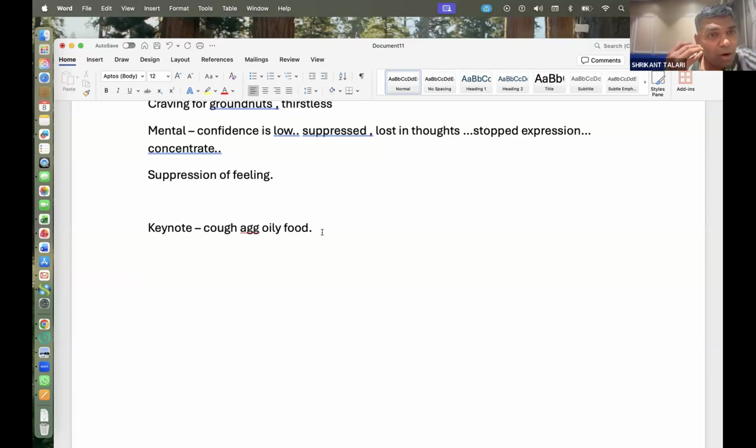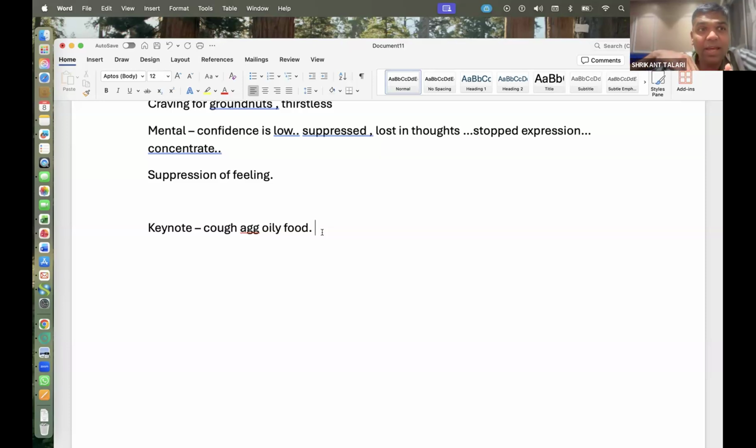And what makes it even more important is when we look at the other symptom, which is indigestion. There also he says, I cannot tolerate oily food, and because of oily food I develop cough. Because of oily food I develop indigestion. In fact, because of indigestion, I have started having this cough. So there is a connection between the recurrent cough and digestion.